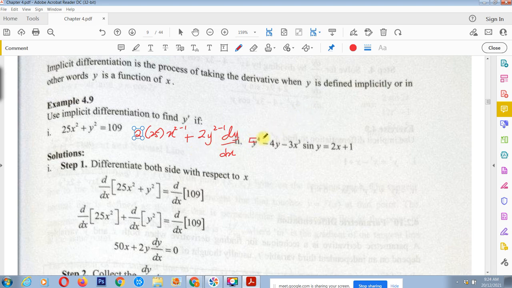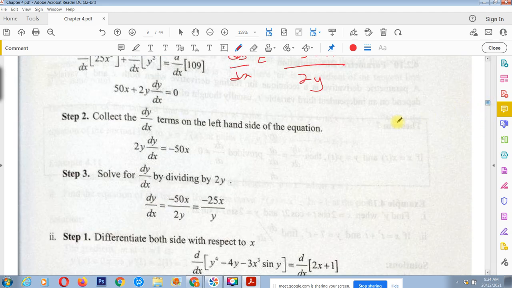We differentiate the constant, we get 0. So we have 15x plus 2y dy dx equals 0. So dy dx equals negative 15x over 2y, or you can just leave it like this.